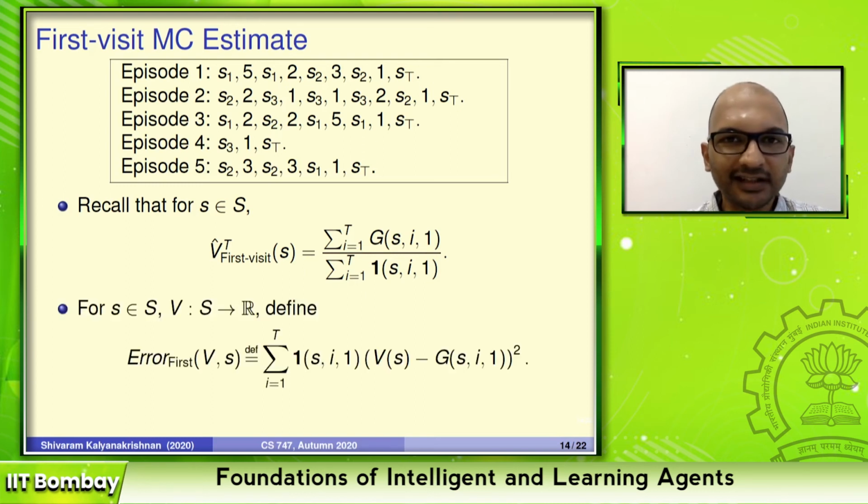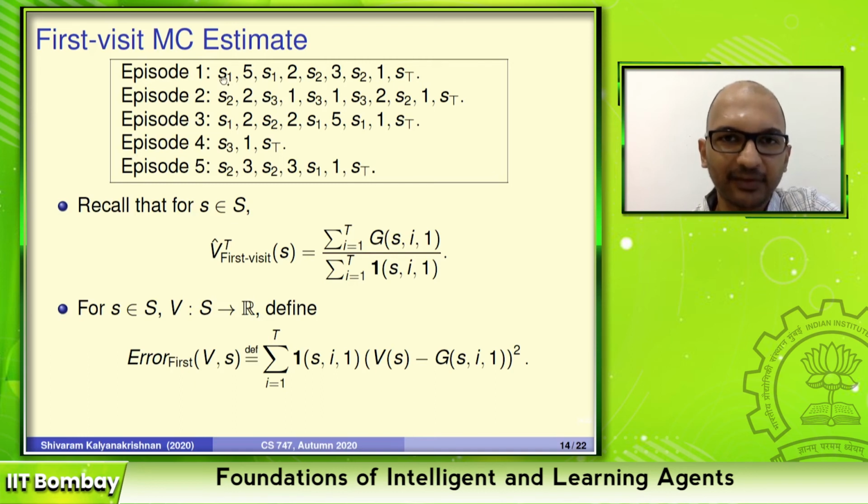Consider this. Suppose we define the following error function. For any estimator V of the value, we look at the squared difference between V and the actual long-term reward at all those points which are first occurrences of S. Suppose you're doing it for S1.